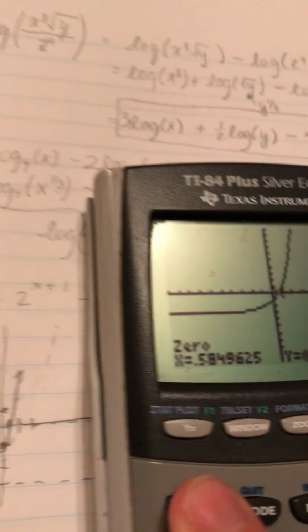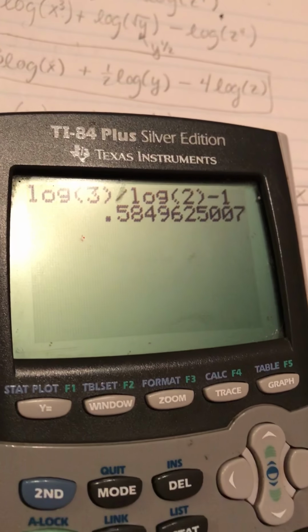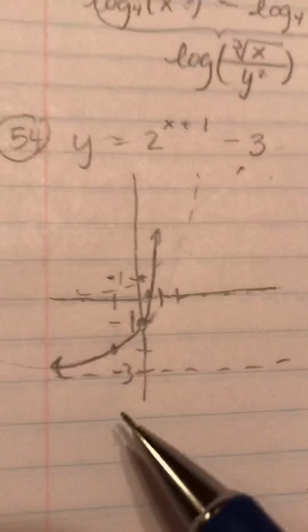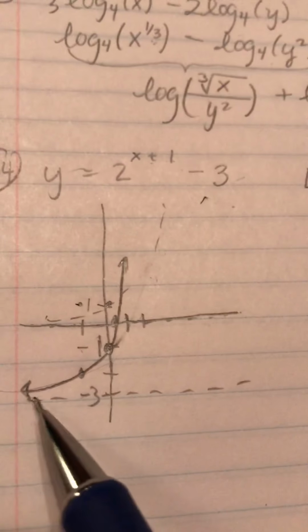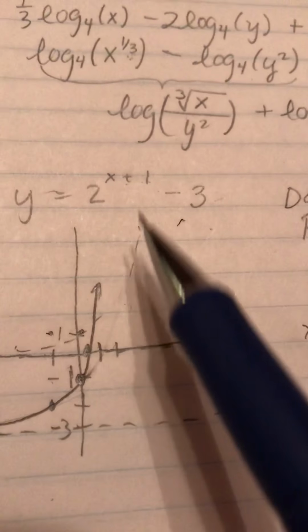In fact, if we quit out of there, you can probably see that's the same approximation either way. So that gives you your graph. So your domain, all real numbers, because it extends infinitely to the left, infinitely to the right. Your range, minus 3 to infinity, because it's bounded below by negative 3, not including that value, and it's not bounded above.